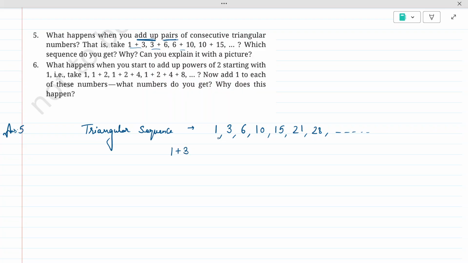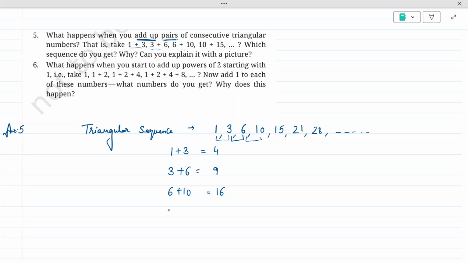First pair we have 1 plus 3. This will give us 4. Next we have 3 plus 6. 3 plus 6 will give me 9. Then 6 plus 10. This is 16.